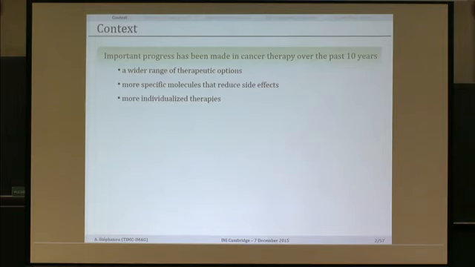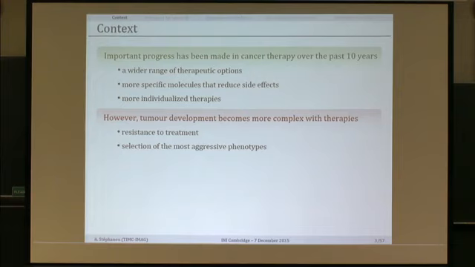Oh, it's outside. Okay. So much progress has been made in cancer therapy over the past 10 years, and we have a wider range of therapeutic options, more specific molecules, so that we can reduce side effects and even more individualize the therapy. However, when we apply a therapy, the tumor development becomes much more complex because now we cannot predict what's going to happen.